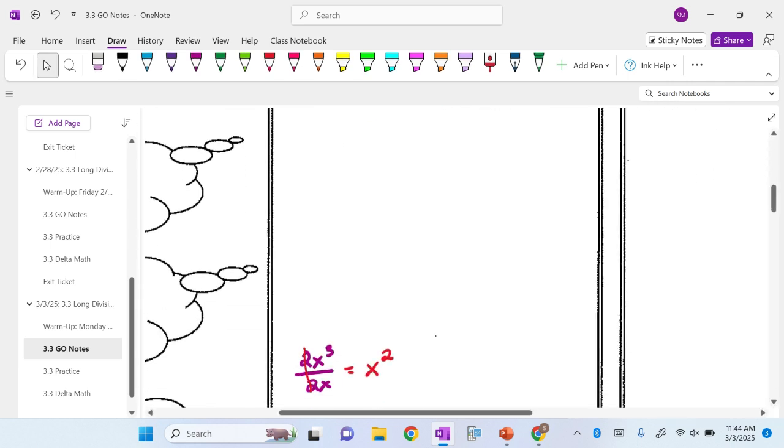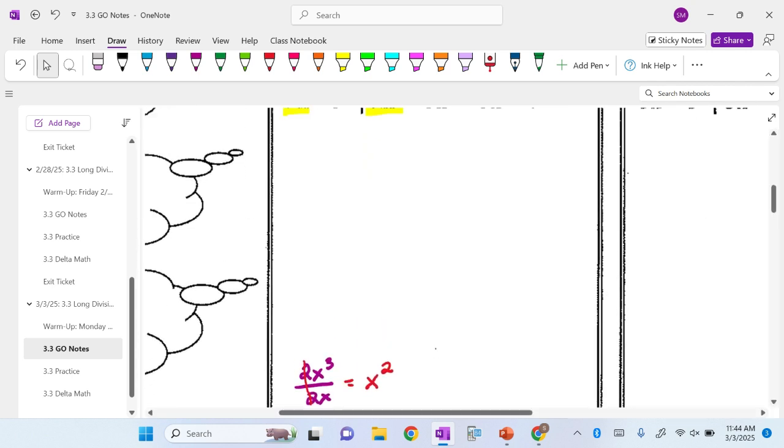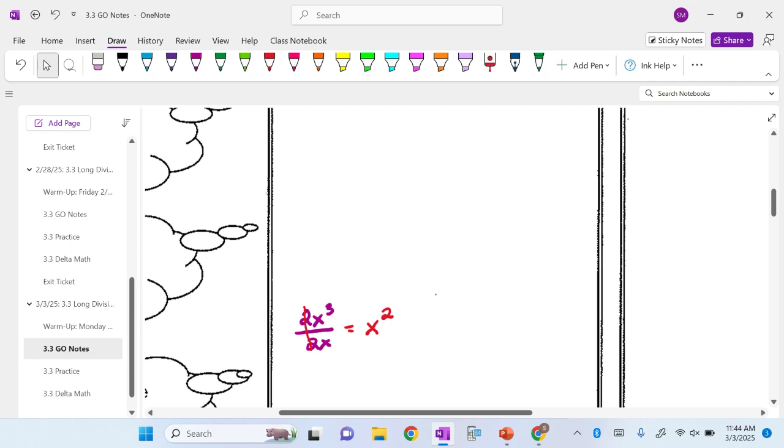Now, the next part that we do, just like when we were doing numerical long division, to figure out what we subtract by, we multiply our x squared by our original polynomial, or 2x minus 3. So we're going to multiply it by 2x minus 3.